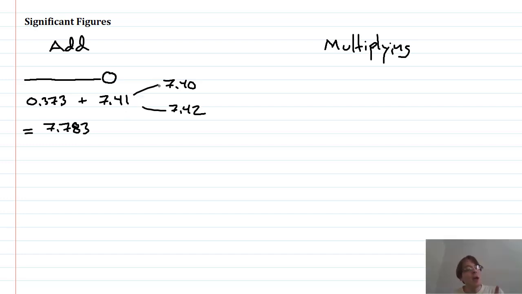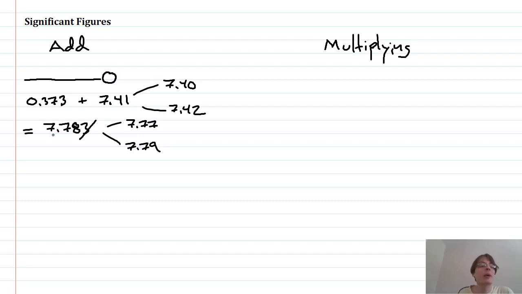Okay, so what that means is when I add them together, this very tiny fraction of a meter right here at the end has to be dropped off, because I don't know it. What I really know is it's 7.77, or it could be 7.79.